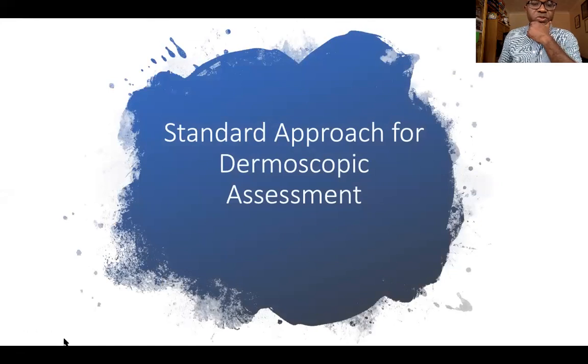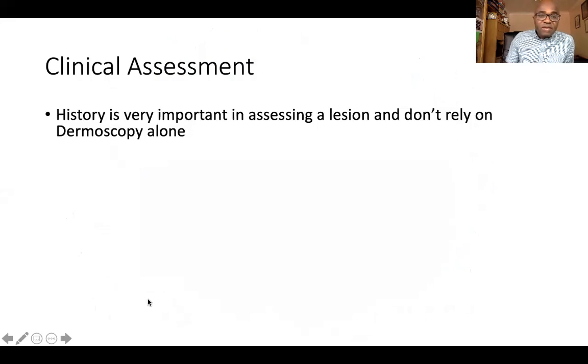So the standard approach in dermoscopic assessment: first of all, for any lesion that you have, you need a clinical assessment. History is very important in assessing a lesion, and you don't want to rely on dermoscopy alone in making your diagnosis.